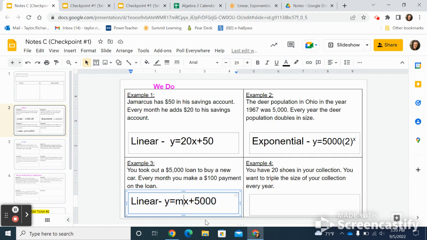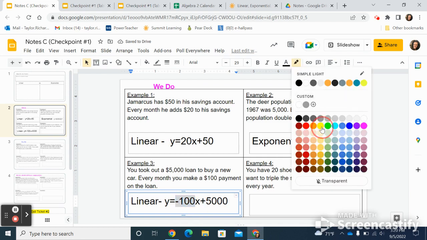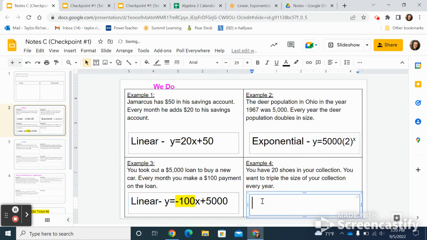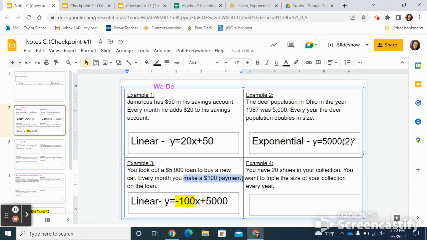So when something is going down, it's decreasing, it's going to mean that my rate of change is actually negative. So negative, I'm going to highlight this so you can see what I'm talking about. It's negative 100 because you're making that payment of $100. So that's going to be a little trick in the checkpoint. If you're going down, it's got to show negative, okay? And that's our equation.